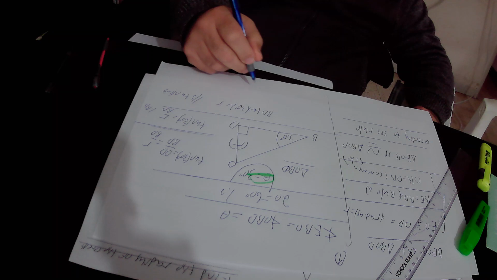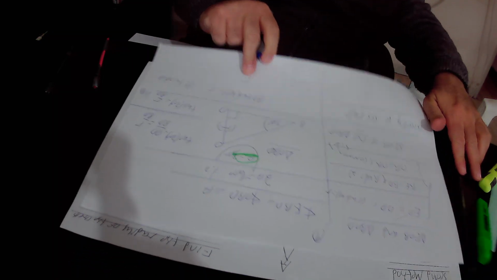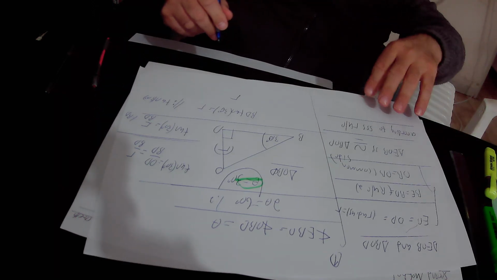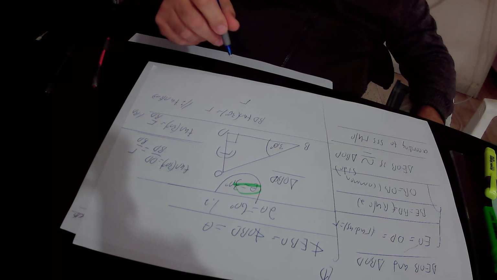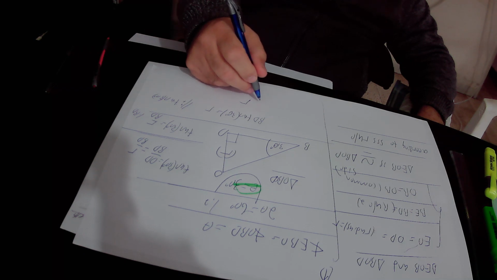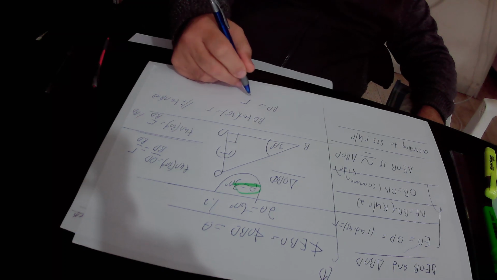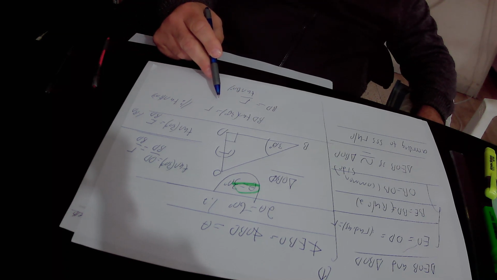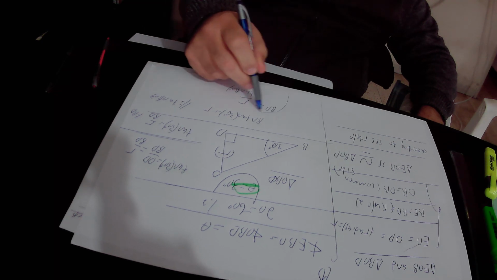And we get that BD equals R over tangent 30 degrees.